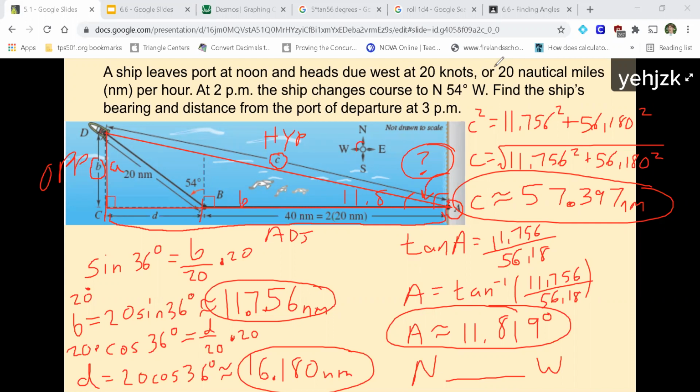You can unmute or you can put it in chat. This angle A is 11.8 degrees. How many degrees west of north is this?